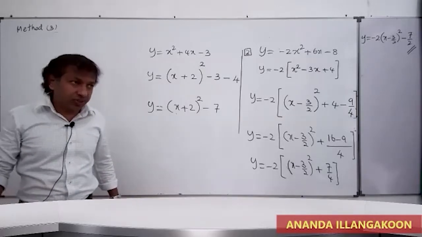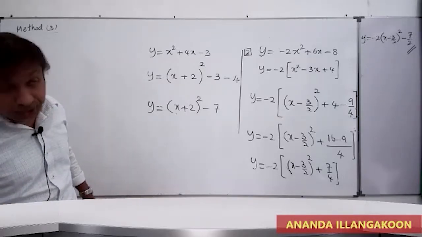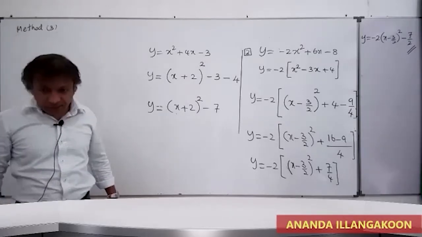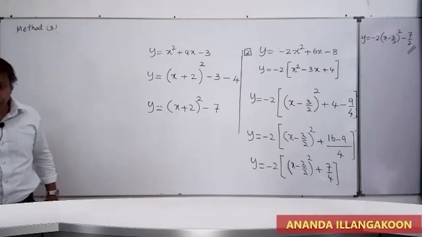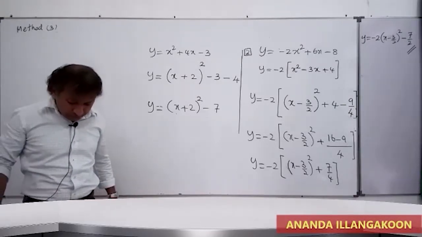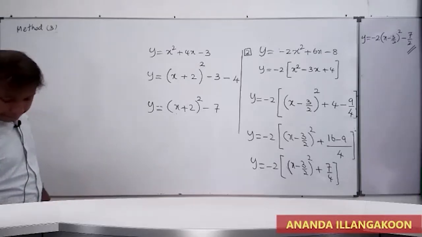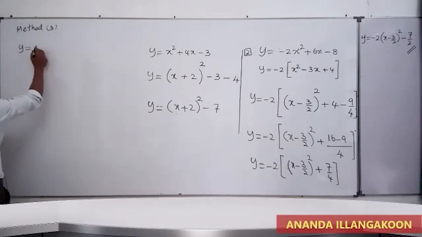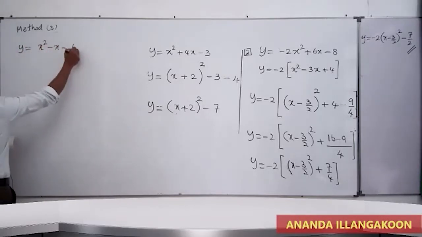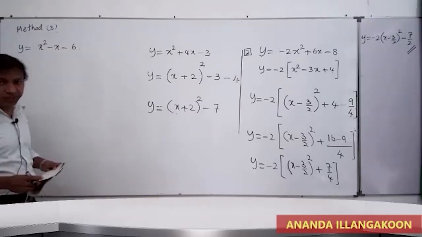Using the completing the square method, draw the graph of y equals x squared minus x minus 6. X squared minus x minus 6.